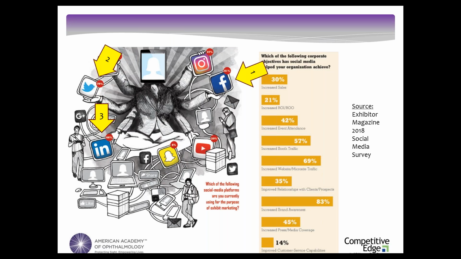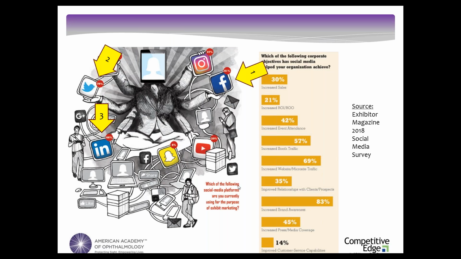So, to me, when I look at this, these top 3 are certainly ones I'm going to want to be in as many of as I can, and then I'll add in the others as I can. To the right, what was interesting was they asked the exhibitors, which objectives has social media helped your organization achieve?